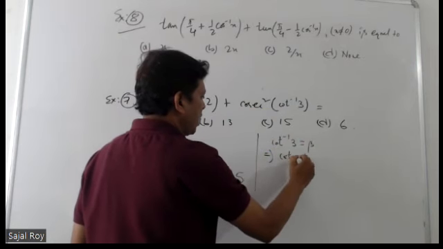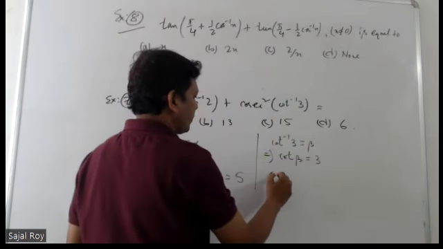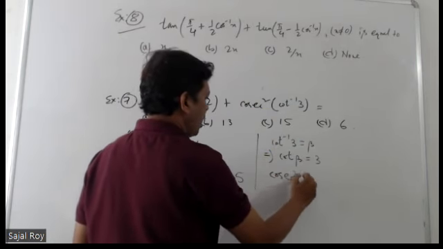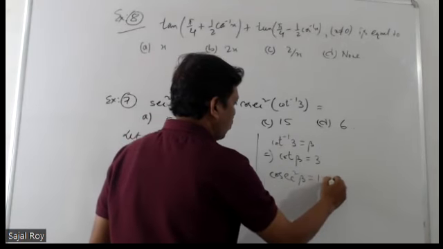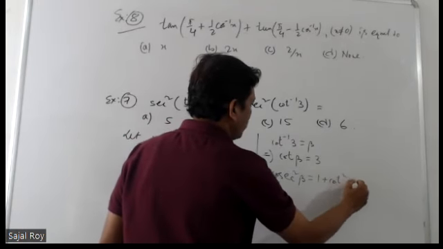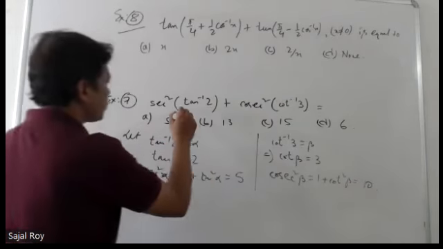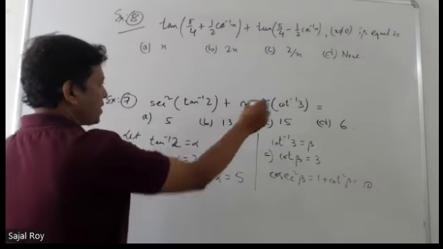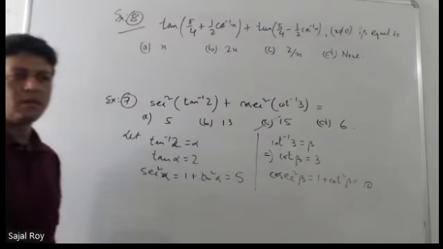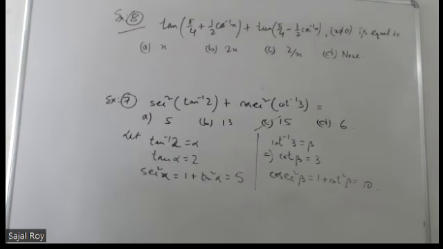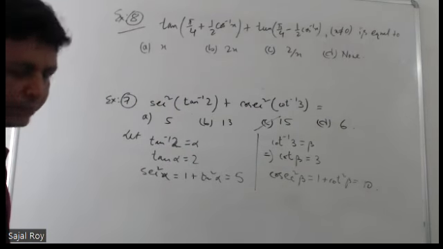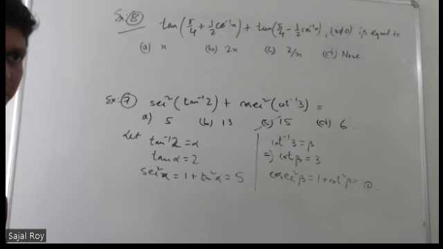So cot beta will be 3. So cosec square beta will be 1 plus cot square beta. What is that? 10. So 5 plus 10, 15. Okay, clear? Understood?